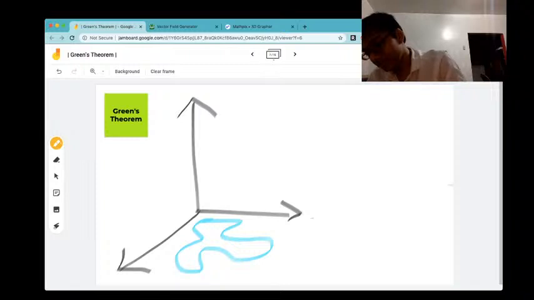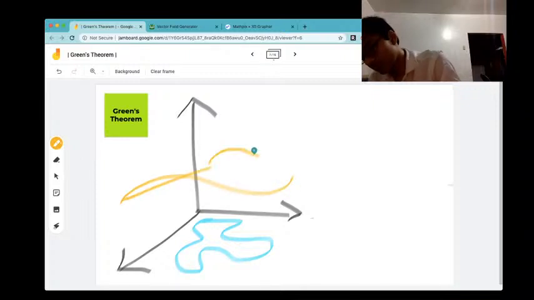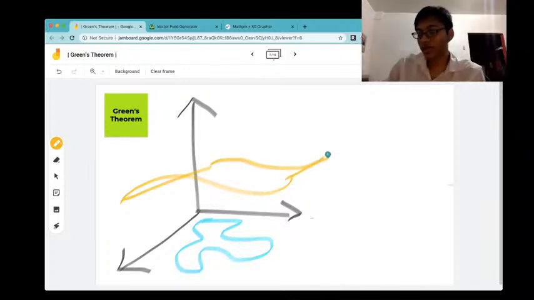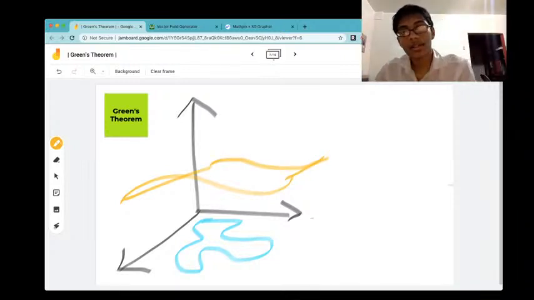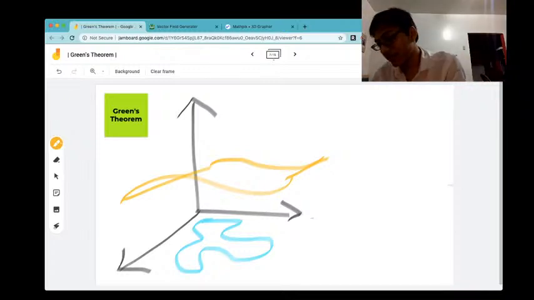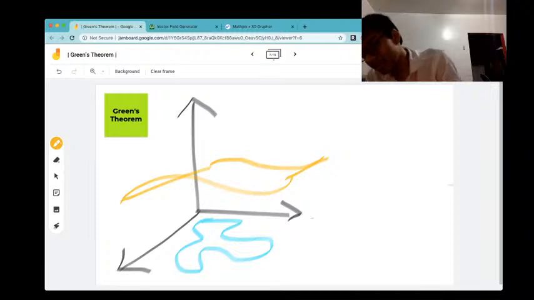So for example, okay, so there you go. There's our path, our surface on which that thing is going to lie, that surface.